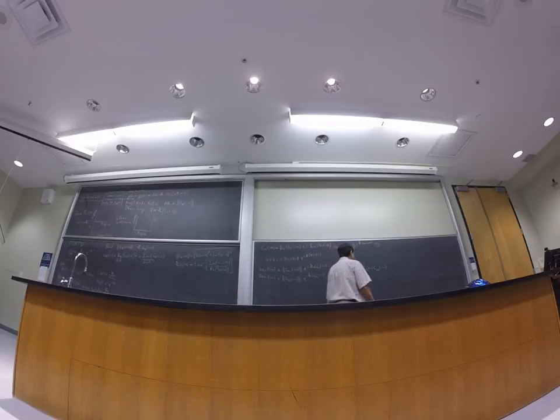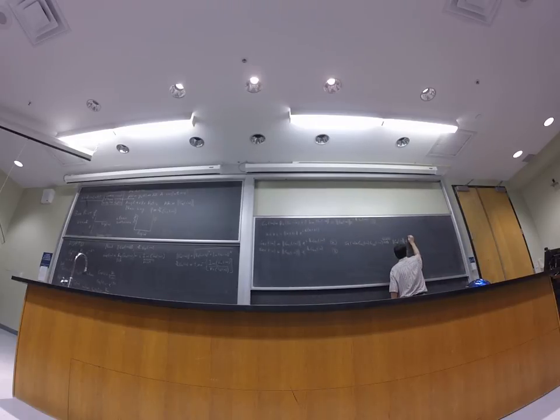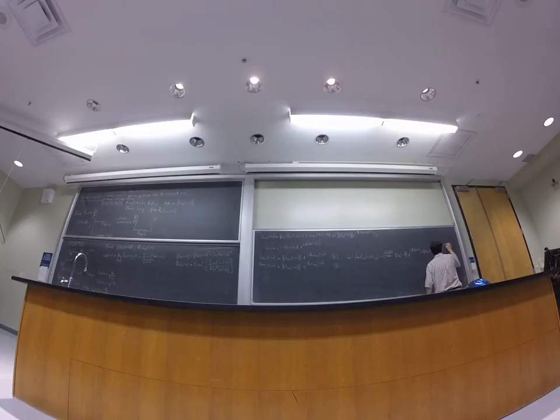Let's call that equation 3. From this follows that, using equations 1, 2, and 3, substituting, the magnitude of Gz of iω times e to the i argument is going to be the magnitude of Gz1 of iω, e to the i argument of Gz1 of iω, times the magnitude of Gz2 of iω times e to the i argument of Gz2 of iω.